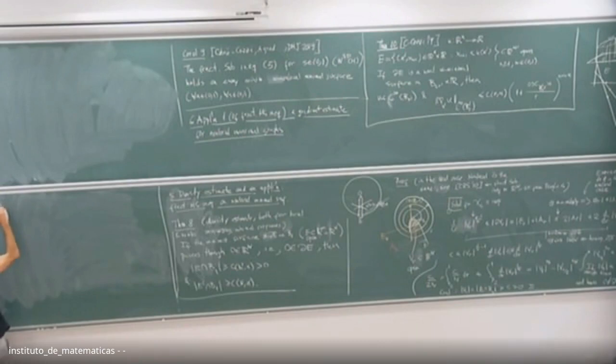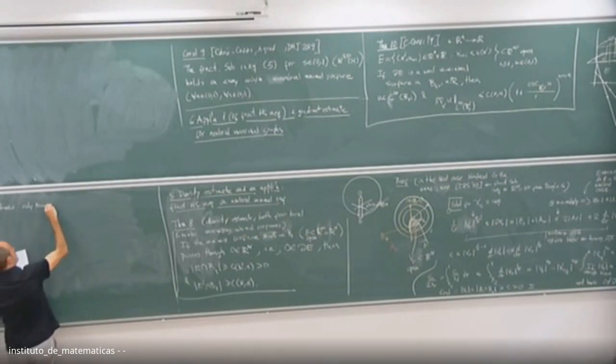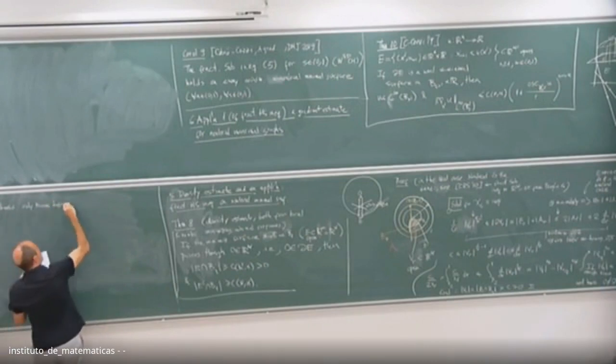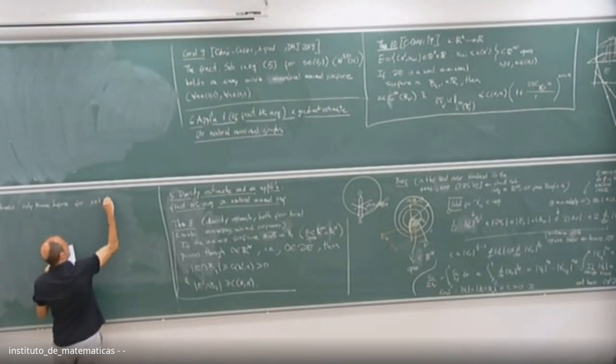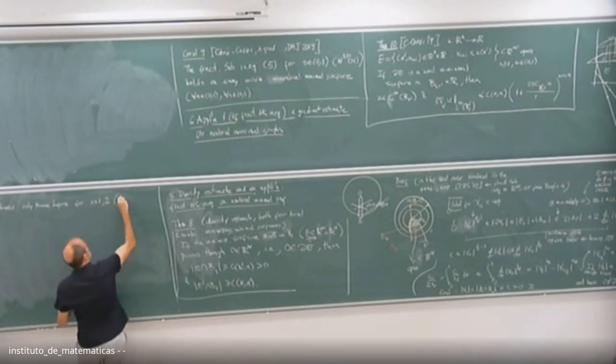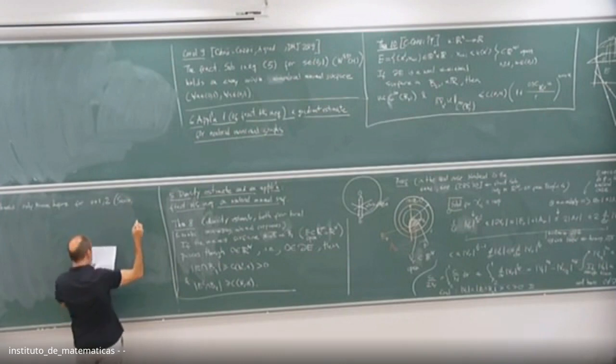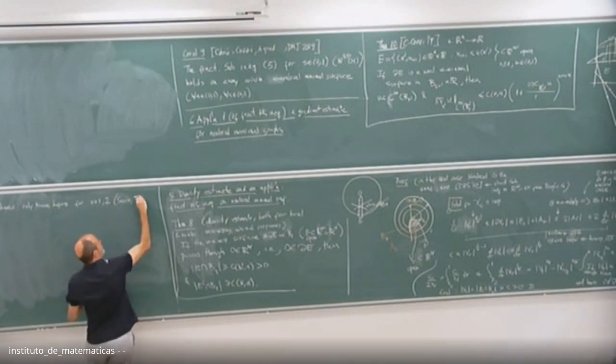Smoothness was only known before for small n. So that's why we were quite happy with this result, because this was not even known.